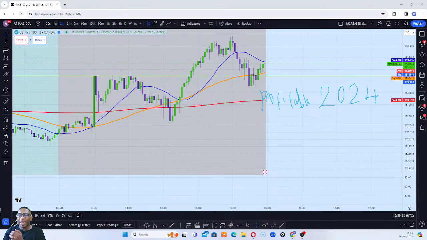So putting everything together, we have a profitable trading edge. After having a profitable trading edge, you also should have a trading plan. That's the second thing. Then the third thing is, after you have your trading plan in place, you trade with it consistently.